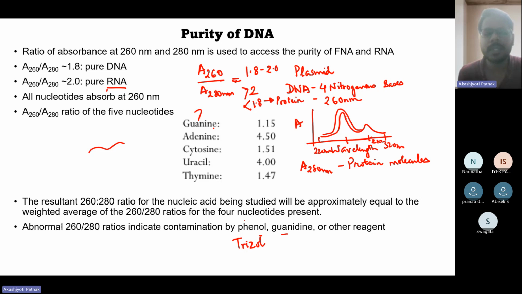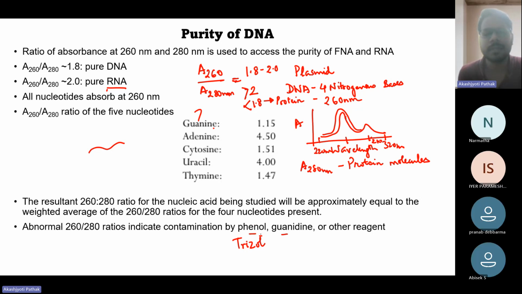And there are various other reagents used for the purification of RNA and DNA. If substances like phenol, guanidine, EDTA, or Trizol are present in our sample, then because of the presence of these organic solvents, the 260 by 280 ratio can be altered. Okay.